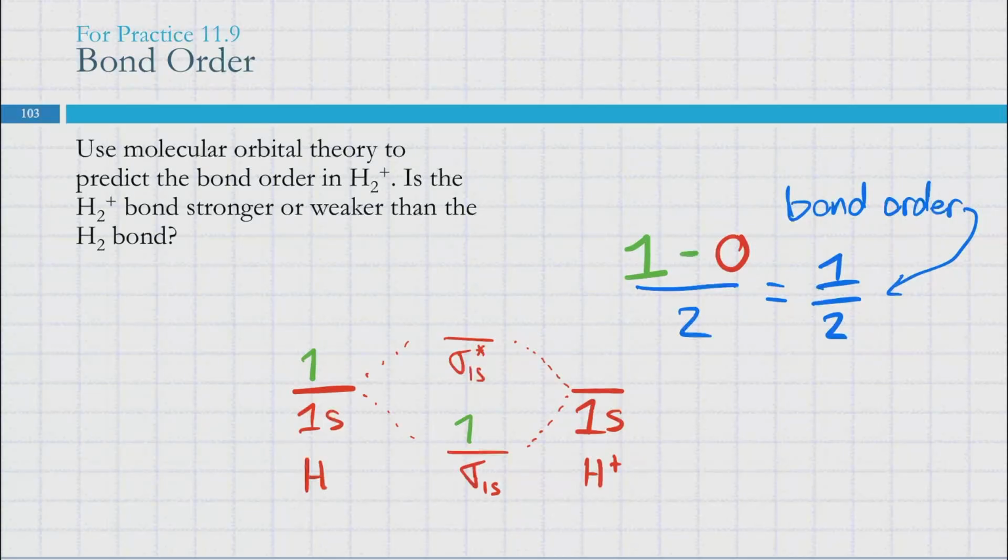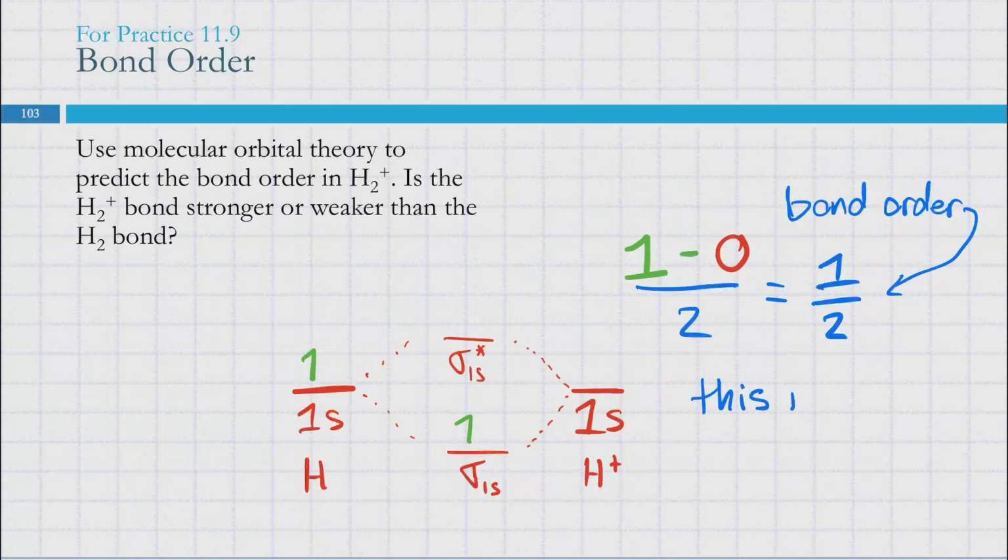Is that stronger or weaker than our H2 bond? If we had H2, instead of H+, we would have H, so we would have another electron in this right atomic orbital. That would go into our bonding, so we would have a bond order of 1. Since we just have the one electron, our bond order is 1/2.